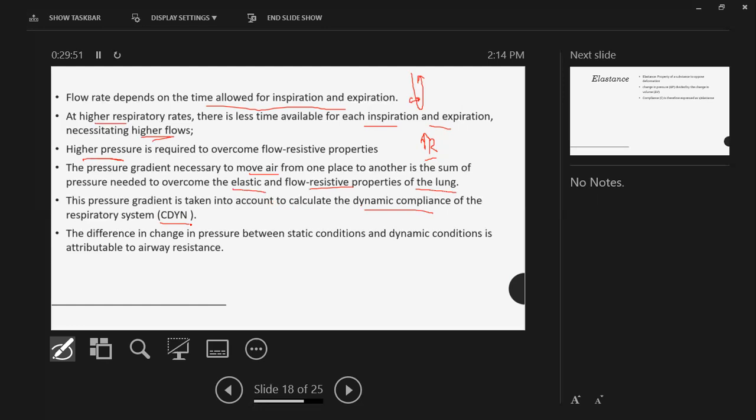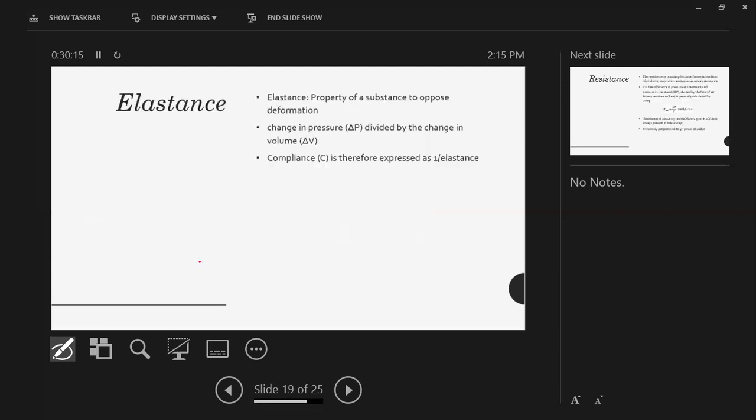This no flow of air is purely theoretical, because even if you stop the mechanical flow of air, there is still some amount of flow happening within the lungs due to different time constants, and that we will discuss in the next class. The difference in change in pressure between the static and a dynamic condition is secondary to airway resistance.